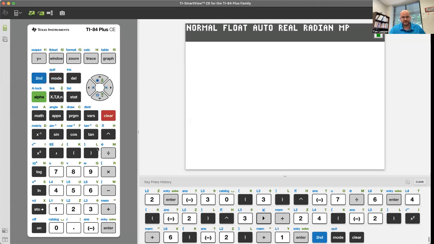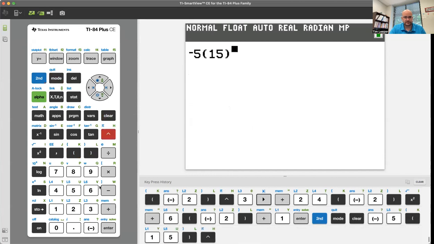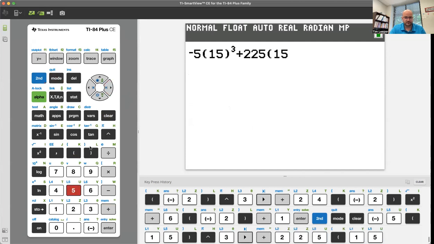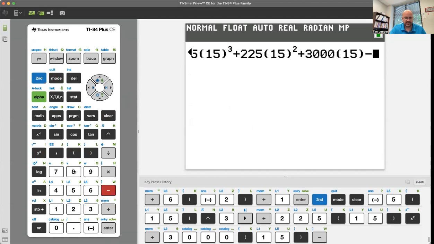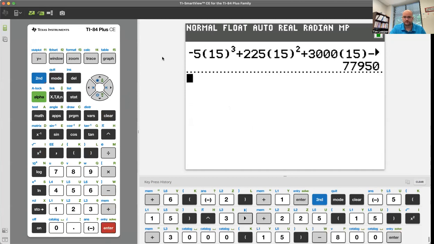I'm going to type in negative 5 times 15 cubed plus 225 times 15 squared plus 3000 times 15 minus 800. It gives me 77,950. And there we go.